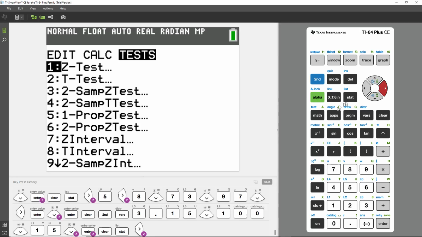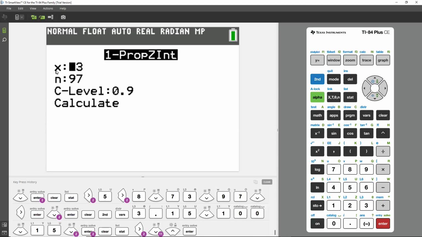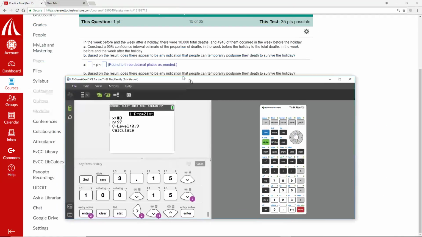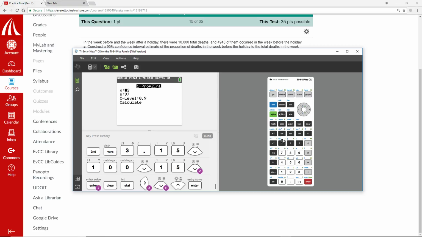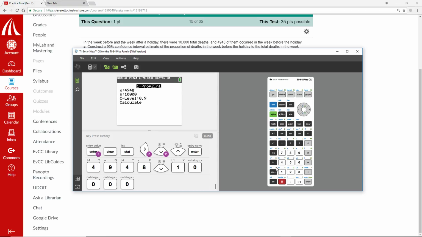So let's find that. I think we got to go pretty far down. One prop z-interval, that's A. And we're using 4,948 out of 10,000. And our confidence level was 95%.